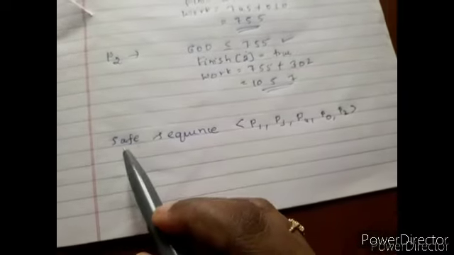If we get the safe sequence, then you can write the system is in safe state.